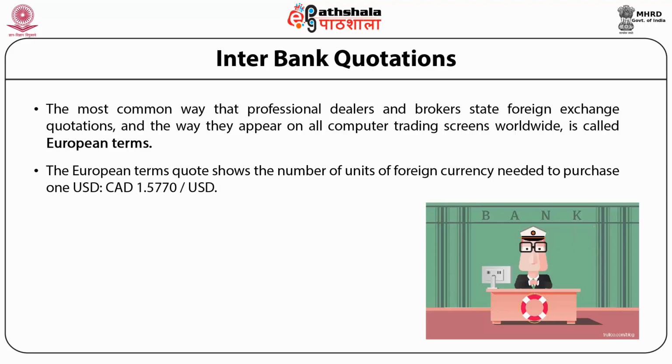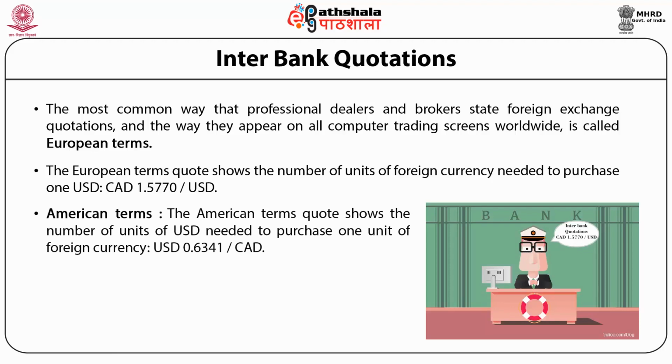For example, if we need to purchase one US dollar against a Canadian dollar, it will be 1.5770 Canadian dollars. An alternative method is called American terms.